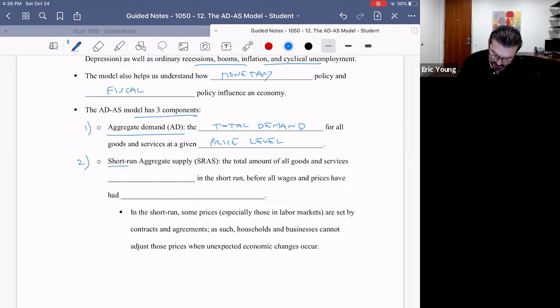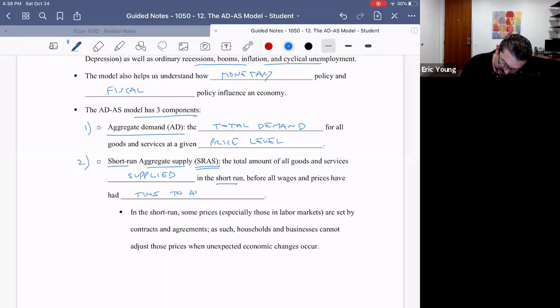Okay, the short run aggregate supply curve, which we'll abbreviate to SRAS. This is going to be the total amount of goods and services supplied in the short run. Now you say, well, what is the short run? Well, the short run refers to a time period before wages and prices have had time to adjust.